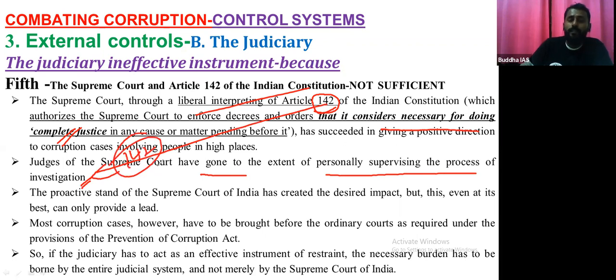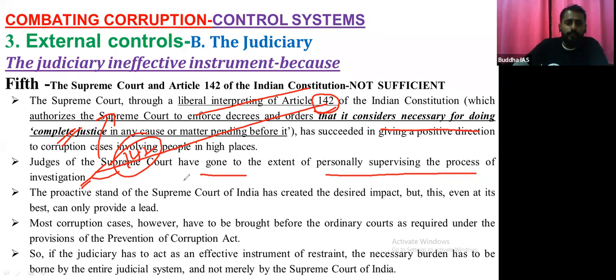Here, the Supreme Court feels that if the supervision of the case is given to someone else, the chances of getting the correct outcome are very less. So, in many cases, the Supreme Court itself has taken over the case, and judges of the Supreme Court are made to supervise the things.